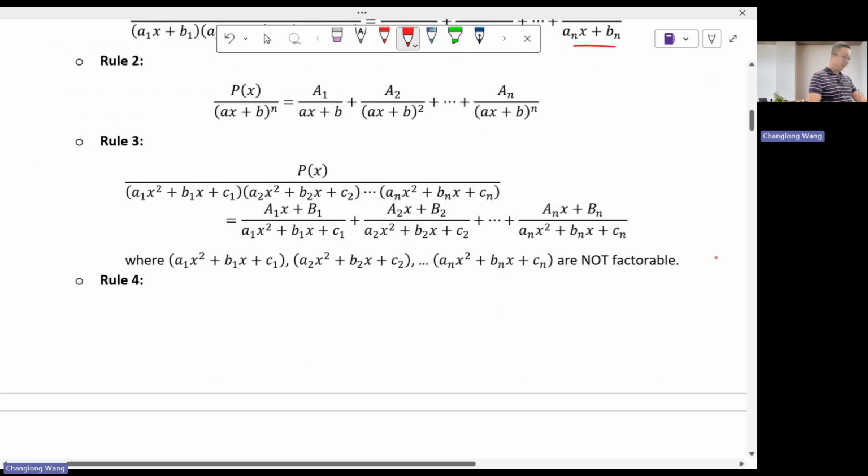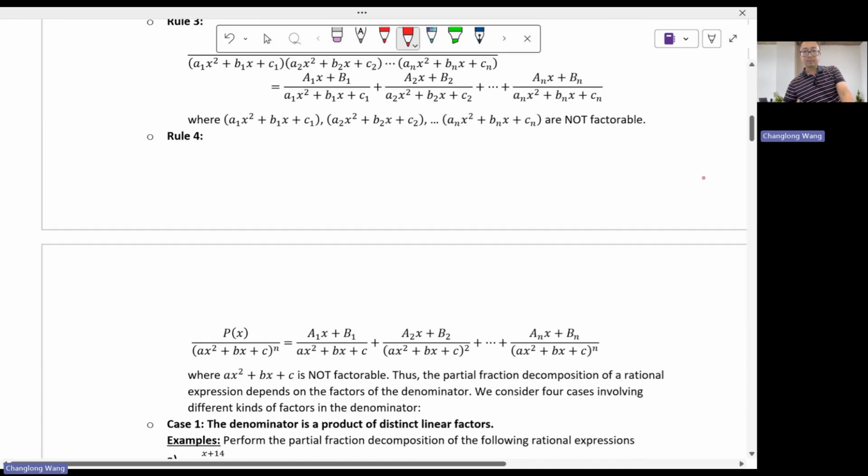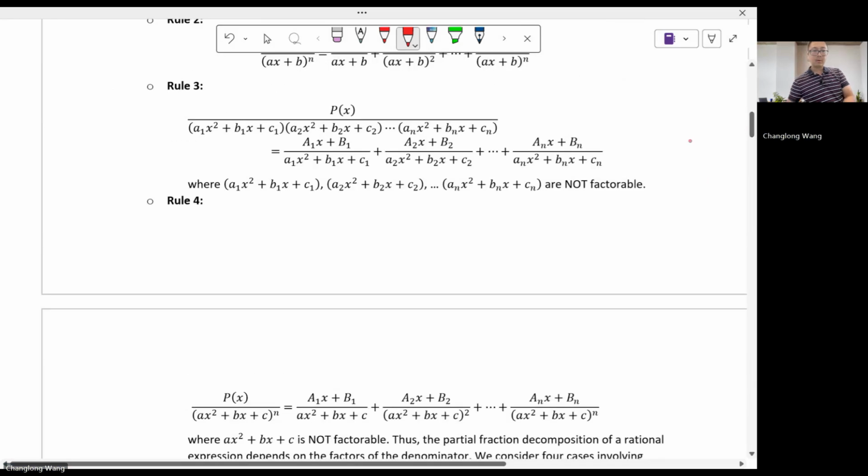Now, what about rule 3 and 4? Well, I have to zoom out a little bit. Do you see that you have the same pattern when it comes to whether the factor is repeated for a certain number of times? But in this case, ax squared plus bx plus c is not linear anymore.